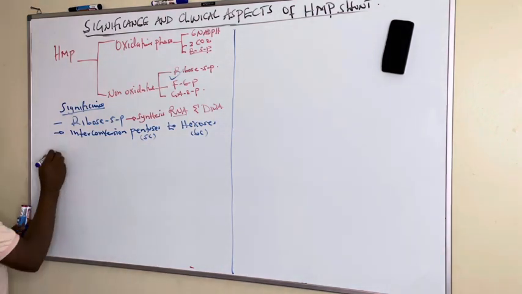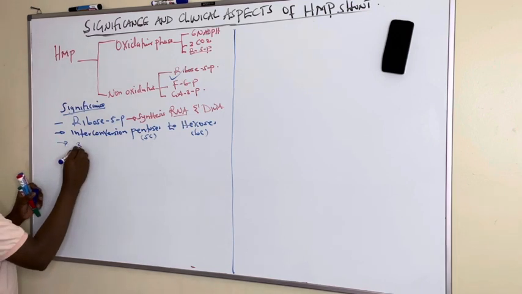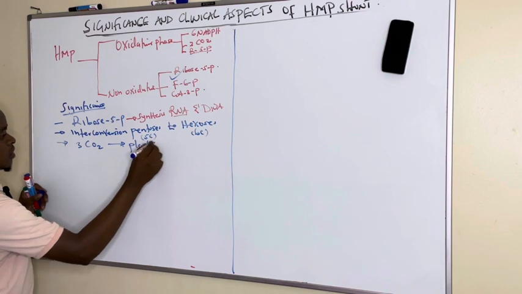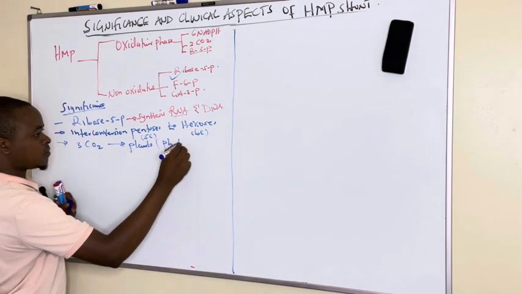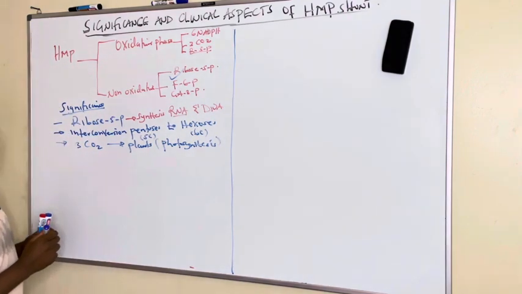Then another significance, we see production of 3 carbon dioxide molecules, which plants use for photosynthesis to synthesize their food.